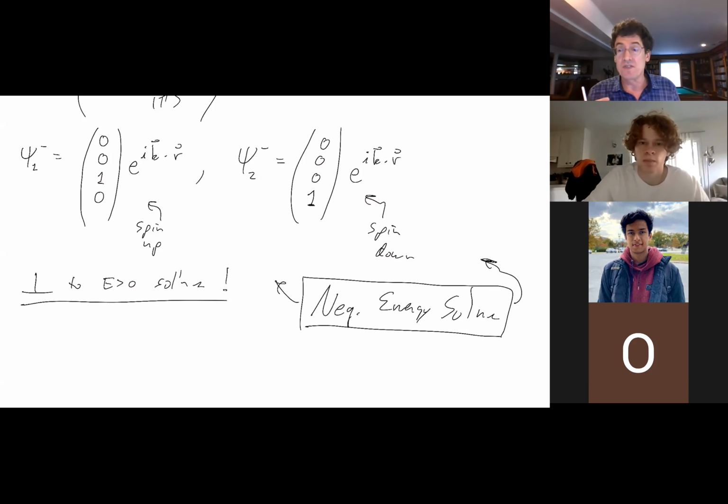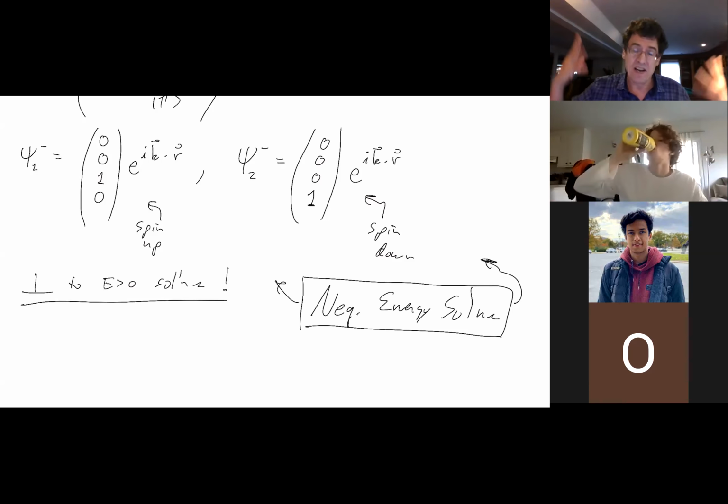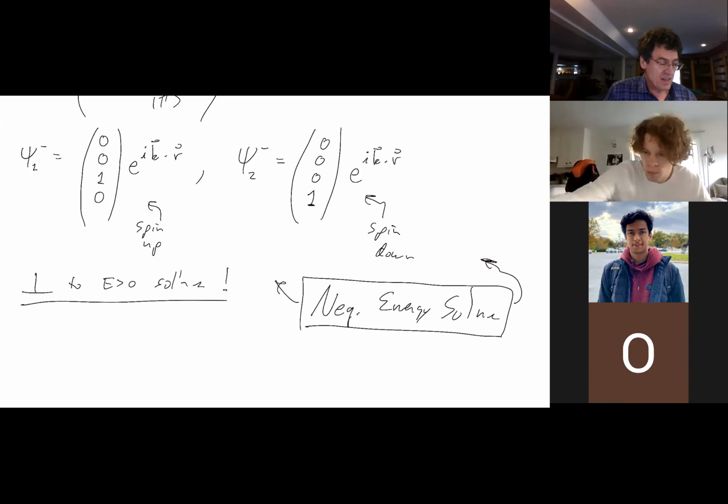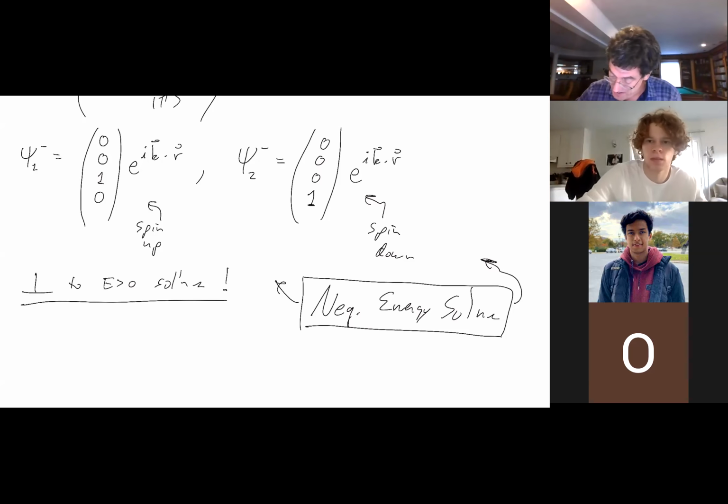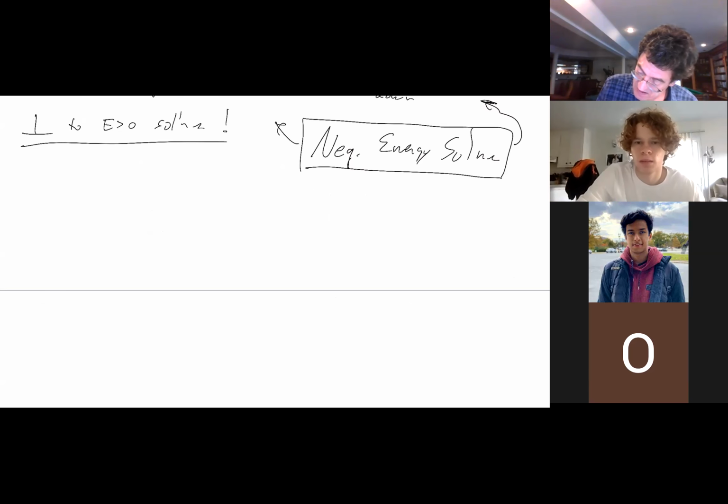So even in the non-relativistic limit, I have positive energy solutions and negative energy solutions, and I have spin up and spin down. We just derived that. But what does it mean? Let's keep going. Let's write it all down.